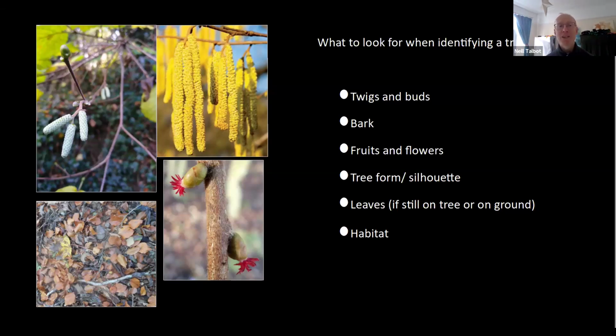I'm not going to cover hazel as one of the main species, but I've just done an example here. The top two pictures are of hazel catkins. So they're the male flowers. The picture on the left is at an early stage, so late summer, autumn.